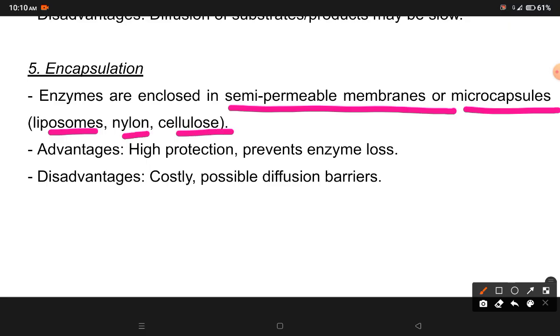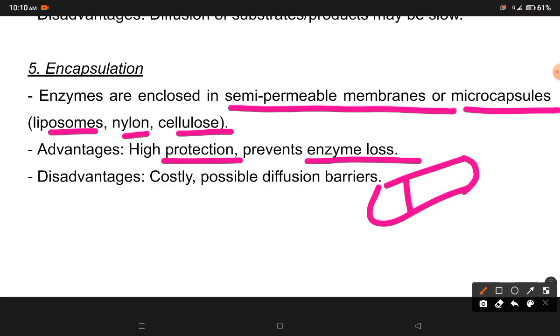Think of it like a tablet capsule. The medicine is sealed inside, but it can slowly come out when needed in our body. This process gives high protection to the enzymes and prevents enzyme loss, more than the entrapment method. But the disadvantage is that it's very costly, and sometimes there can be diffusion barriers.